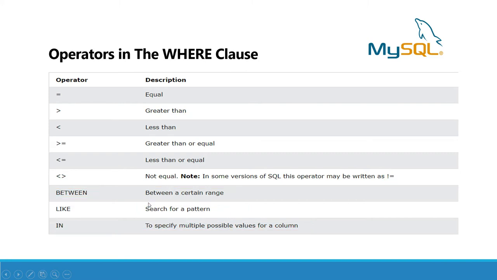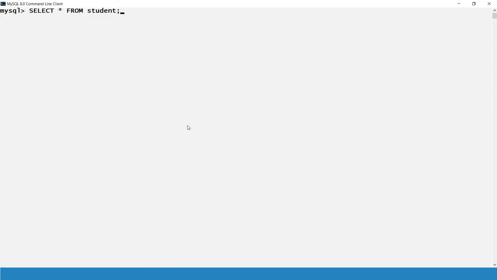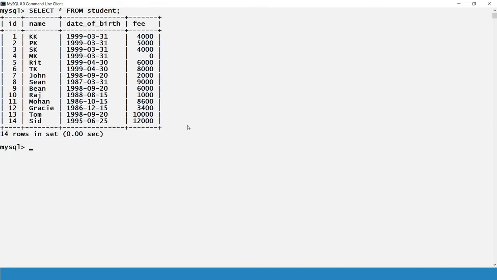So let's try to understand through an example. Let's jump to the practical example. So here is MySQL, and you have already seen this student table we created in the past videos, and we had inserted many records, and these are the records. Let's start with a very simple where clause. I'm going to write select star from student, and here of course you can write the where clause.